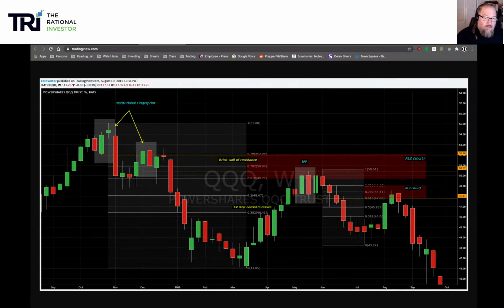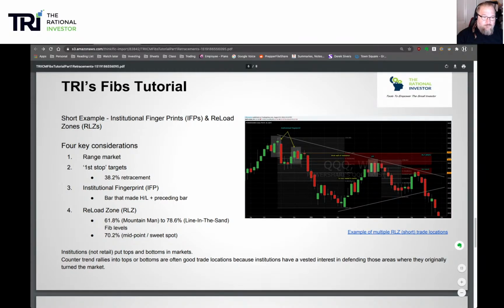Moved down. This time the range was between 2008, June to July. We drew a RLZ off of that, and that was that lower RLZ box. Price moved on up into that, and then moved on down. Okay.